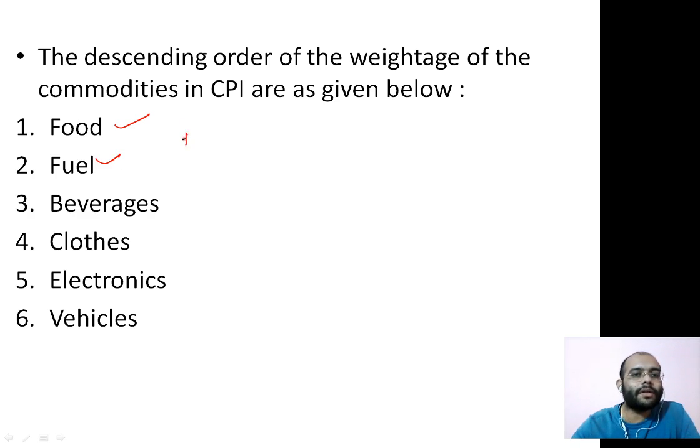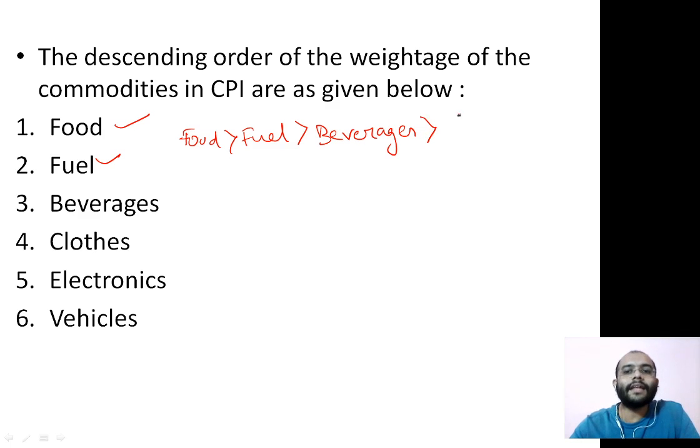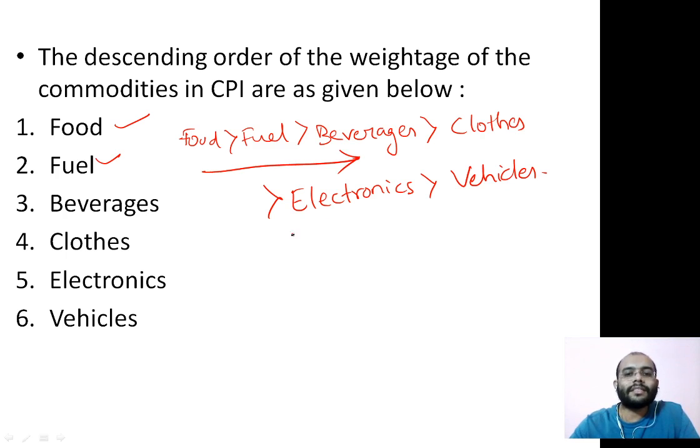Food greater than fuel, greater than beverages, greater than clothes, greater than electronics, greater than vehicles. This is the decreasing order of weightage.